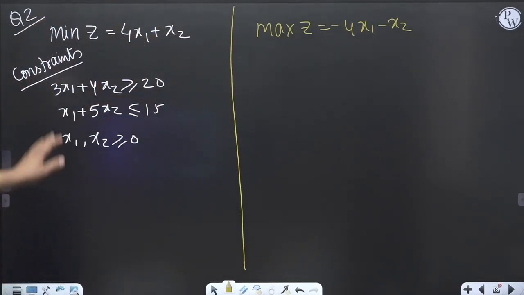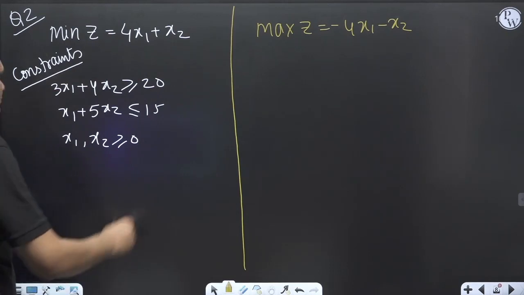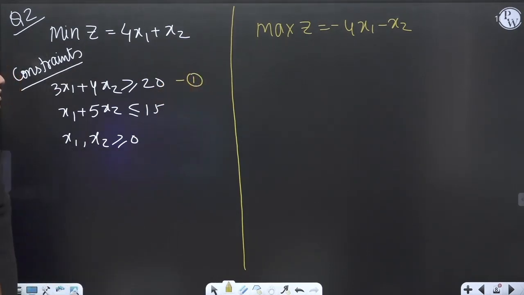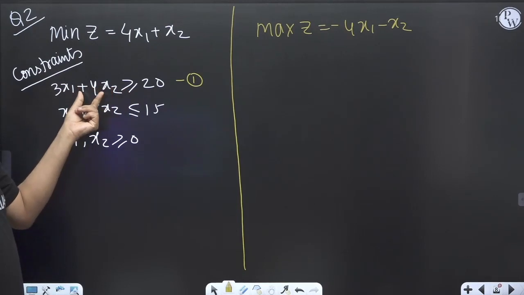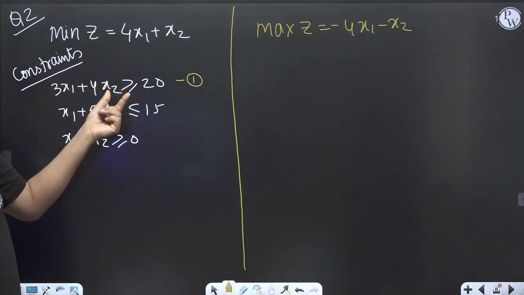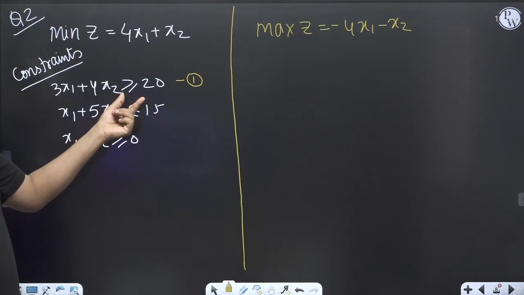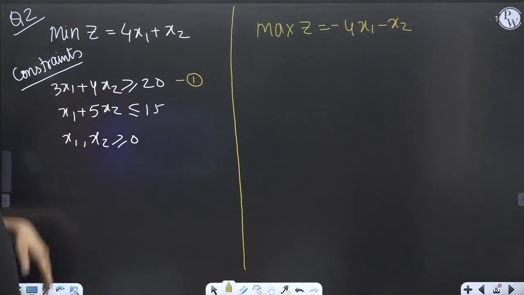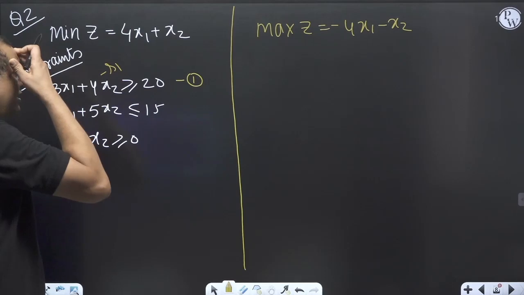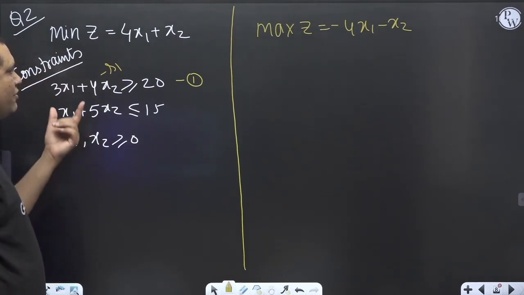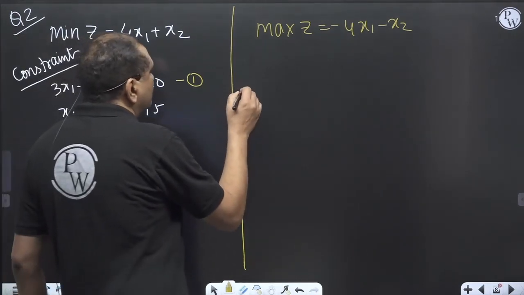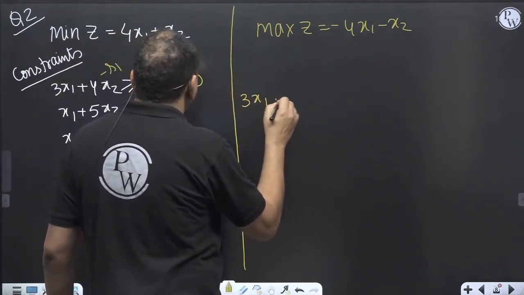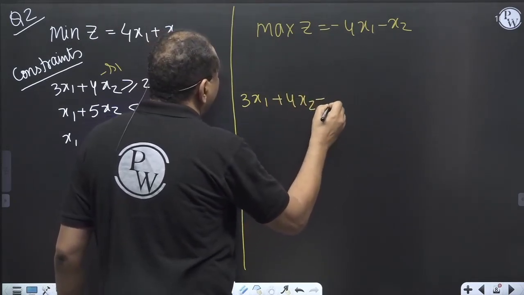Now, these are the constraints. The first constraint, the left hand side value is slightly larger. So I will subtract some variable s1 from the left hand side: 3x1 plus 4x2 minus s1.